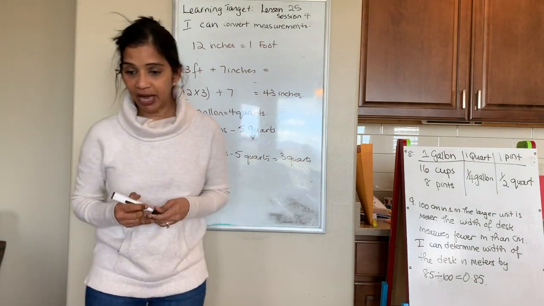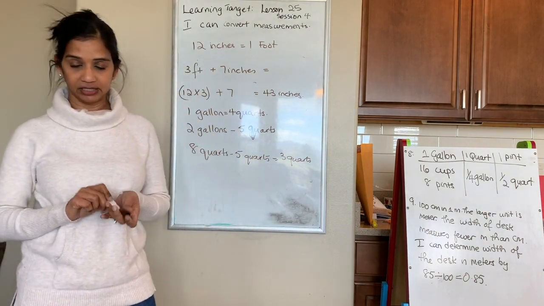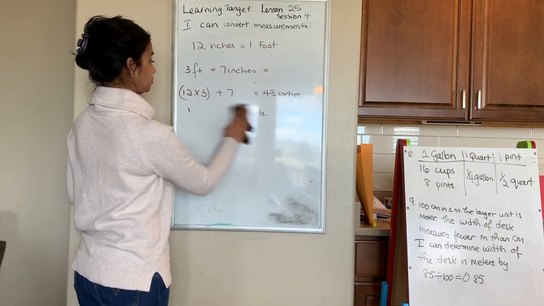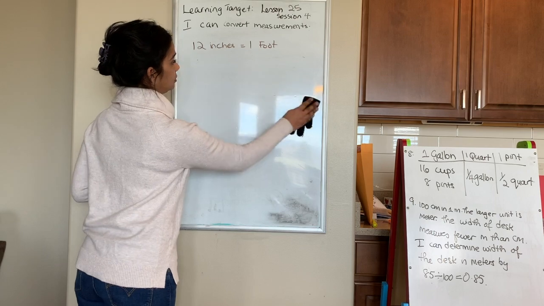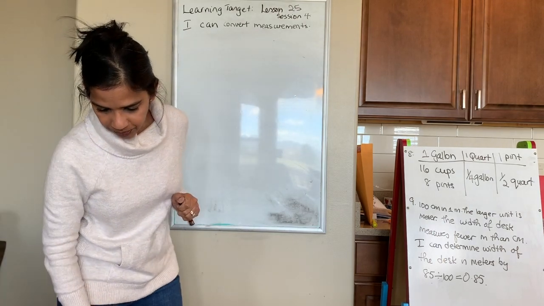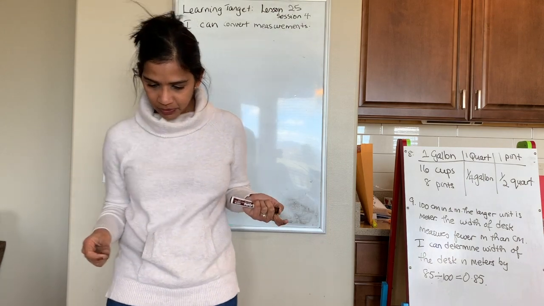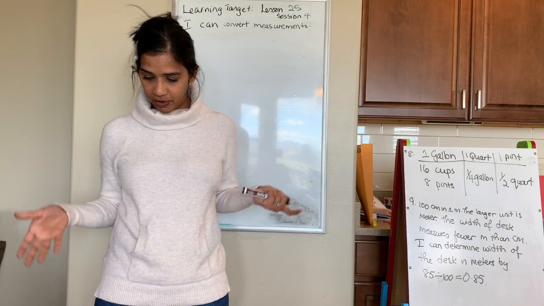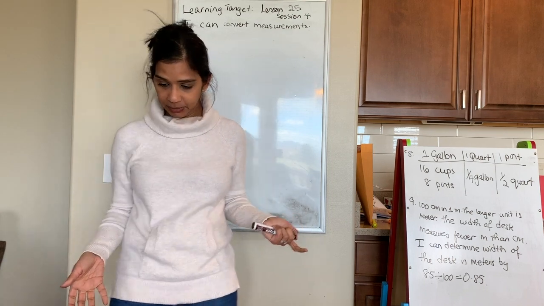Next one, 5 pounds minus 38 ounces. How many ounces in a pound? Okay, so the answer for that one is 42 ounces. D, 60 centimeters plus 4 meters, 460 centimeters.